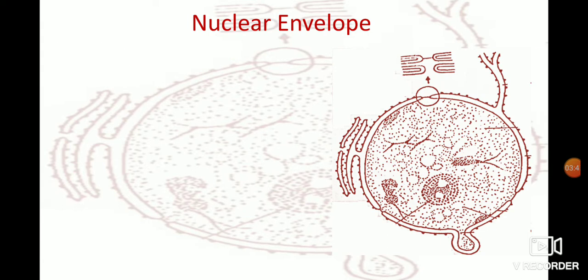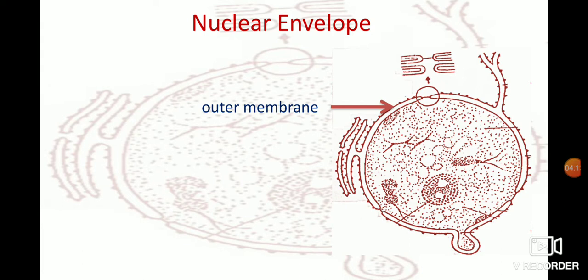Each nuclear membrane is about 75 to 90 Angstrom thick, and it is lipoproteinous in nature, meaning it is made up of lipids and proteins. The two membranes remain separated by a space of about 100 to 150 Angstrom units.